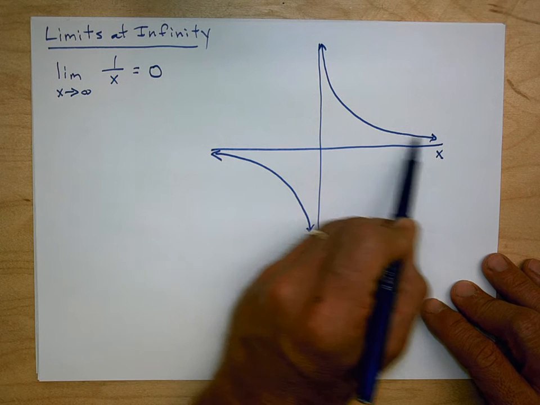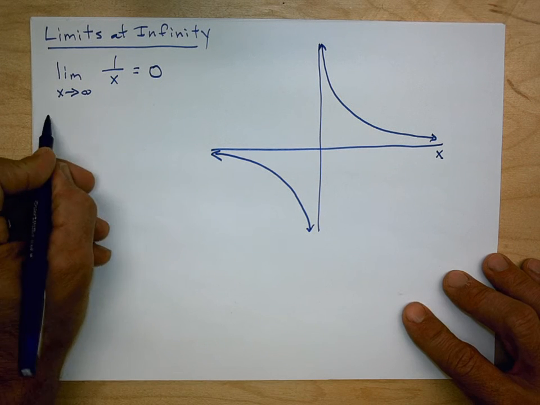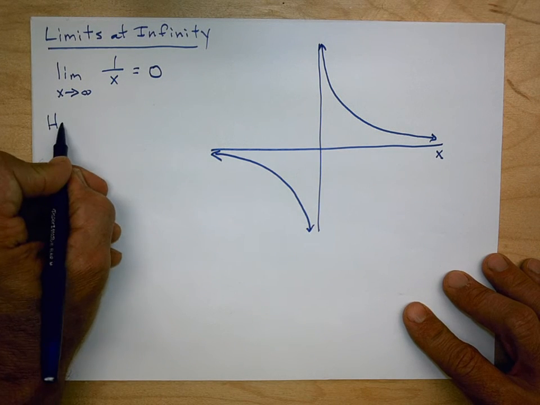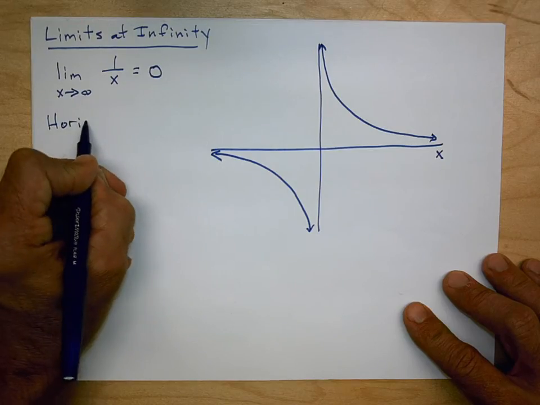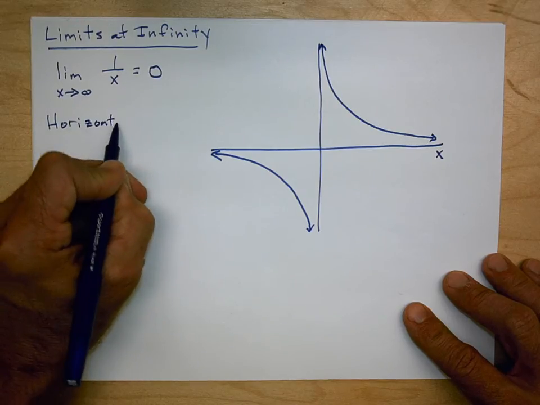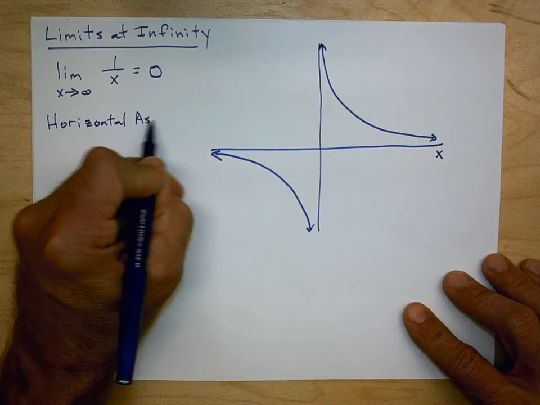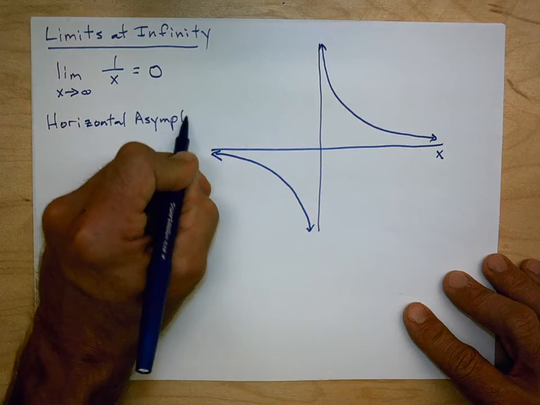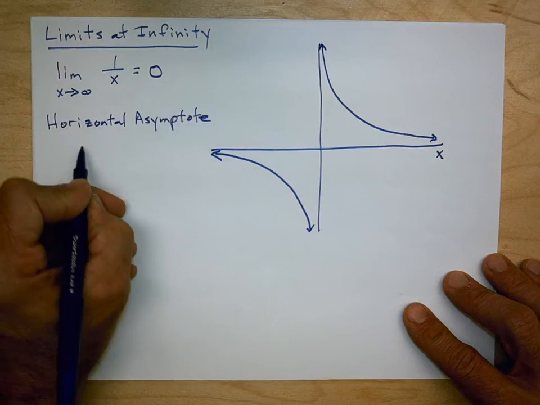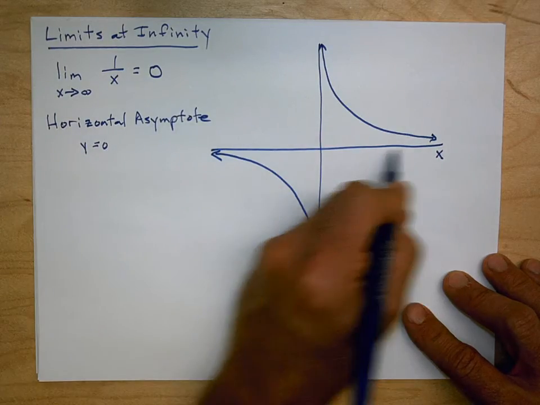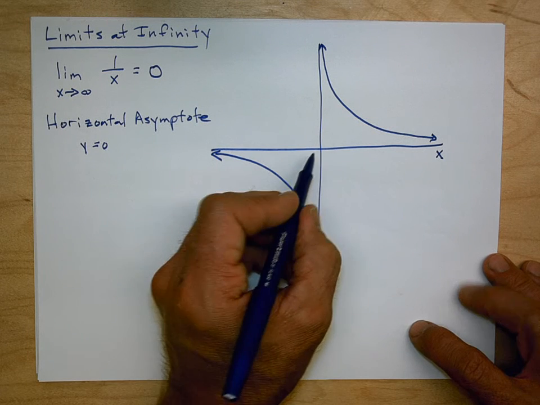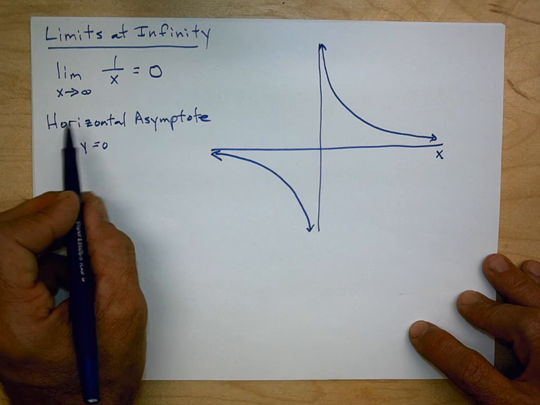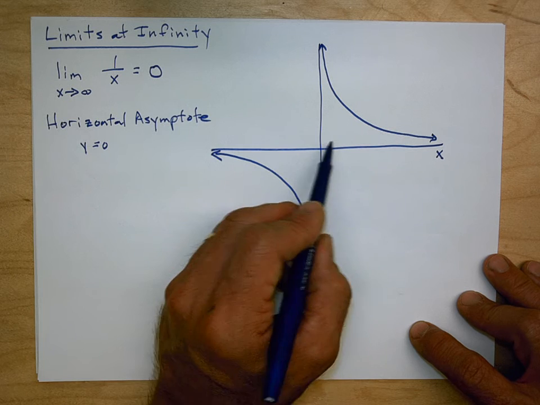And we see this with the graph. We talked about vertical asymptotes. In this case, we have a horizontal asymptote, right? And it's going to be y equals 0, which is the x-axis. We can actually have a horizontal asymptote to the right or to the left.